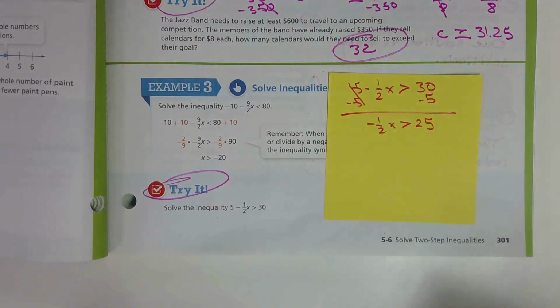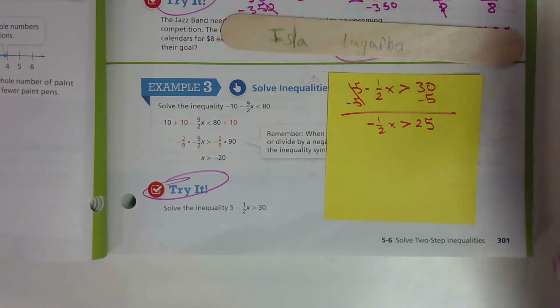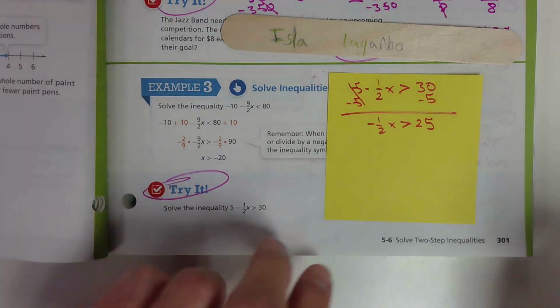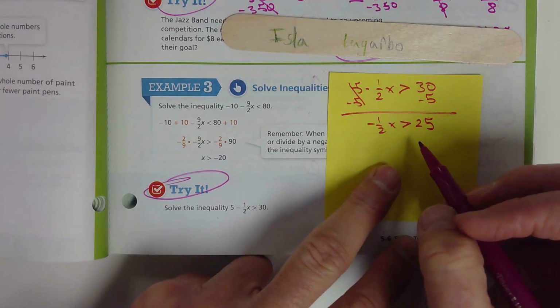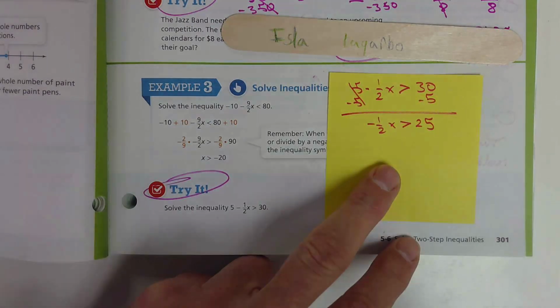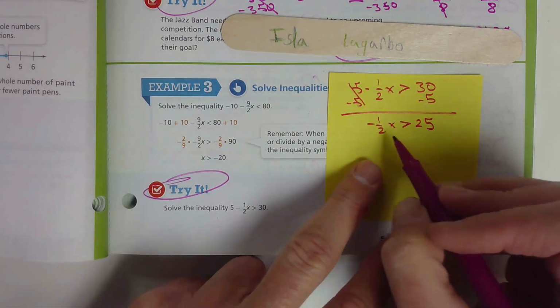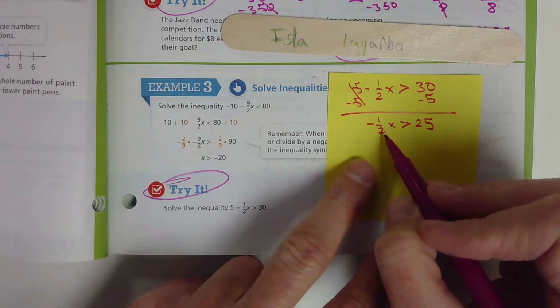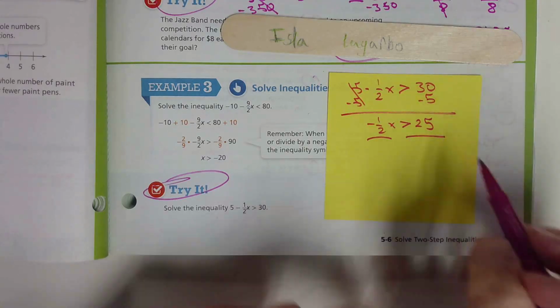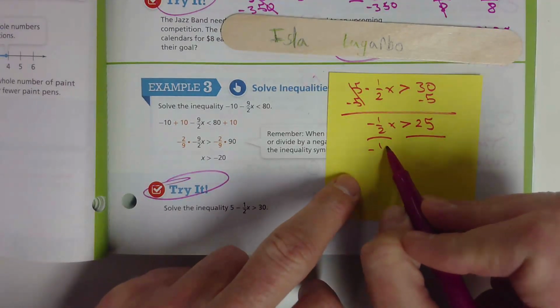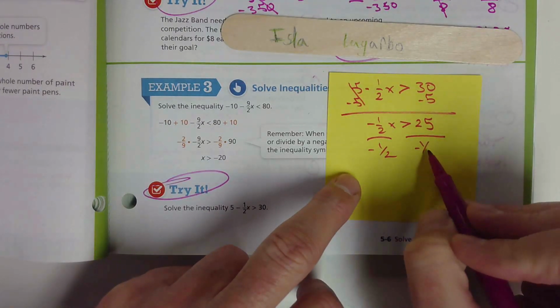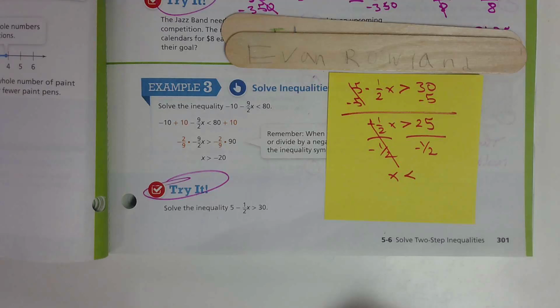All right, Ms. Lagarbo. Yeah. I asked myself what's happening to the x. It's being multiplied by a negative 1/2. So I'm going to divide each side by negative 1/2. They can't.